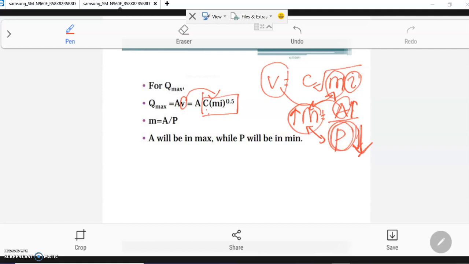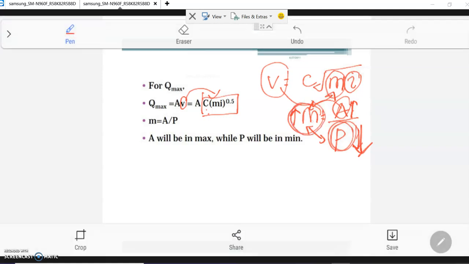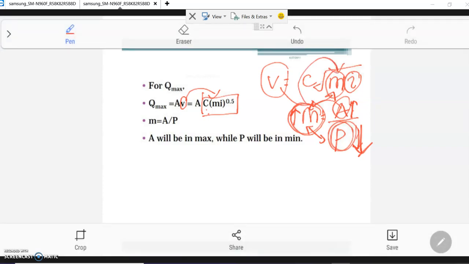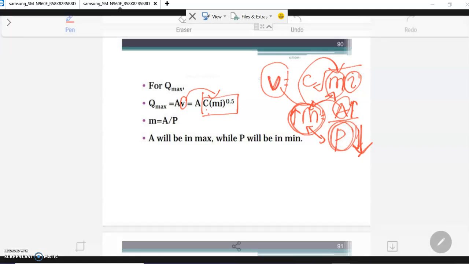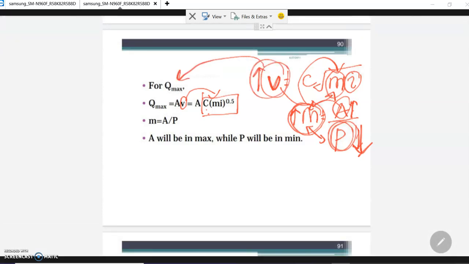So when we have a higher M value and put it into this Chezy equation for velocity, automatically we will have a higher velocity. So higher velocity will cause the maximum flow rate.